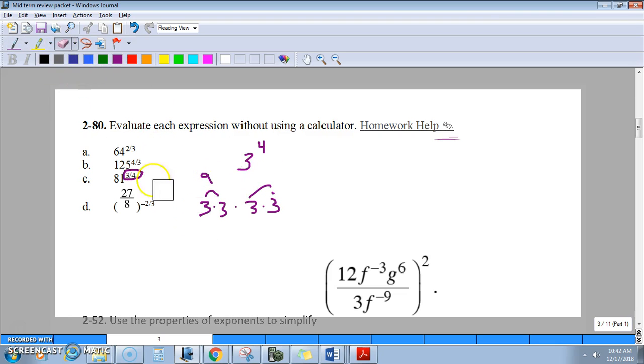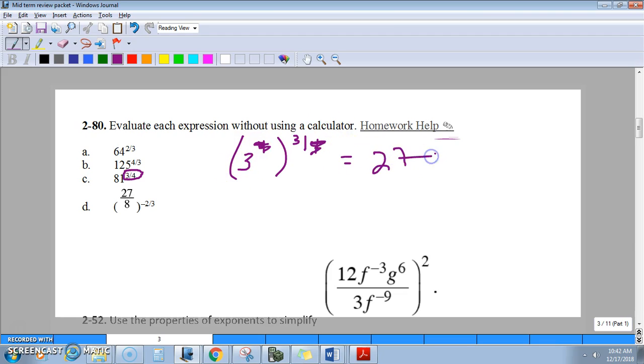And the reason that works is because now when I take it to the exponent of 3 to the 4th power, the 4's are going to cancel because one's a numerator, one's a denominator. Then you just have 3 cubed, which is 27.